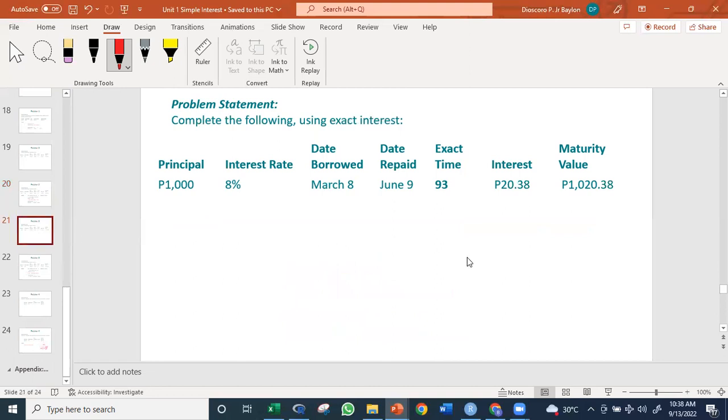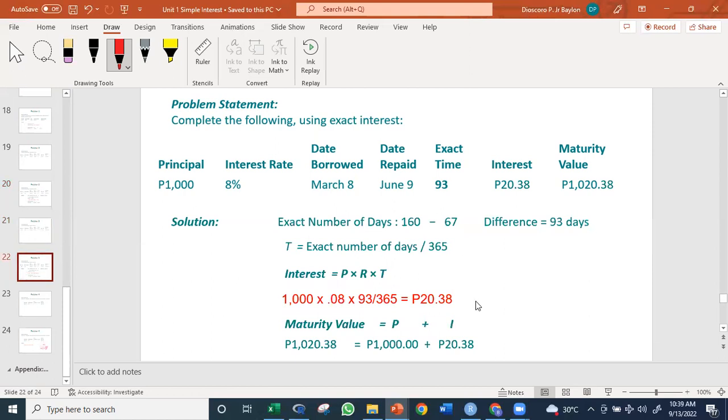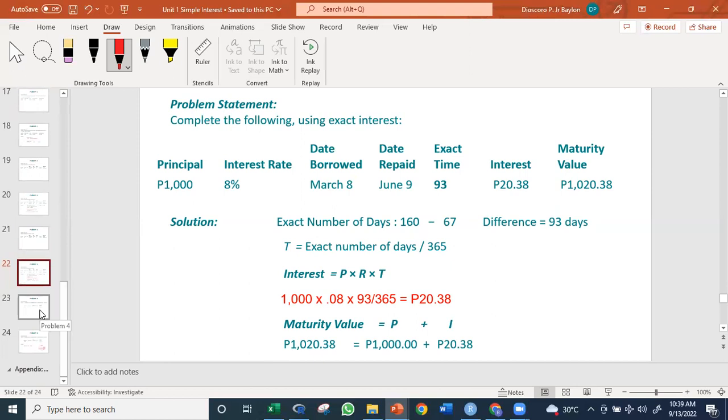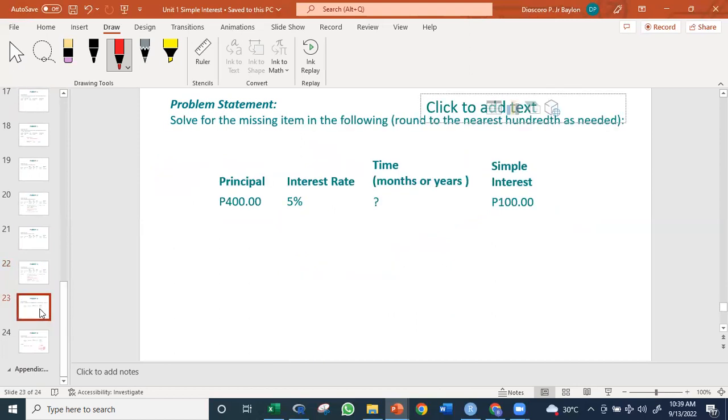And then for another problem, also the same, but this time is exact interest. So for exact interest, we're using 365. So we are able to compute for the interest and then add that to the principal, we have the maturity value. Okay, I don't think I included here the early payment.